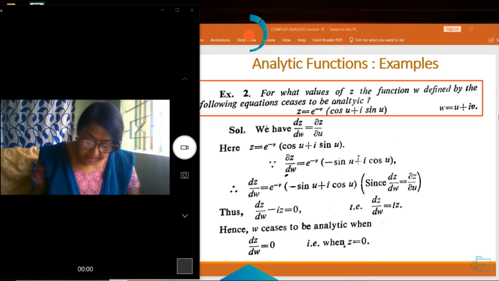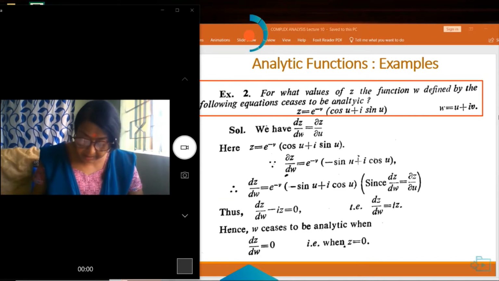So dz/dw = iz. This now becomes a function of z. So dz/dw will be equal to 0 when iz = 0, that is, when z = 0. So this function ceases to be analytic when z = 0.